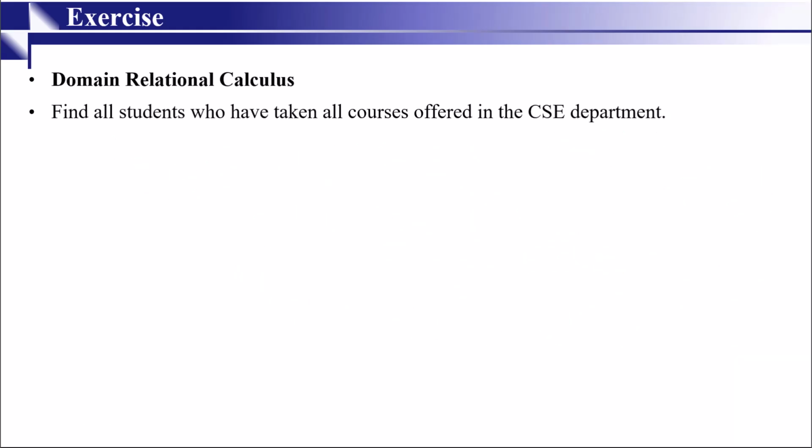And the last one, find all students who have taken all courses offered in CSE department, right? So we write in this way, I want to get IDs only, there exists, this is for domain relational calculus, N, D, and total credit.